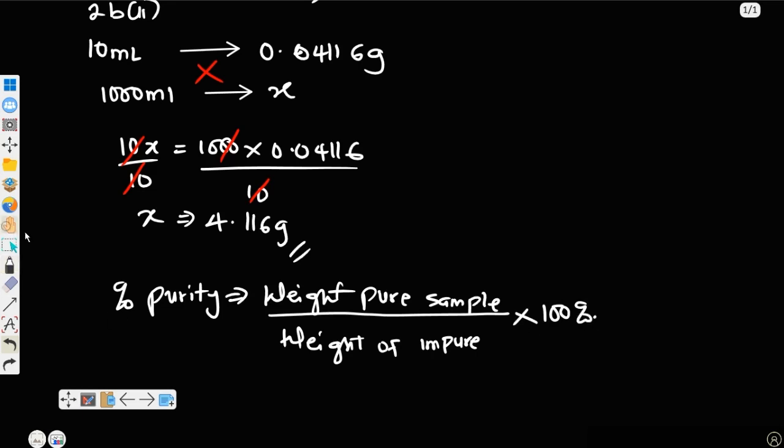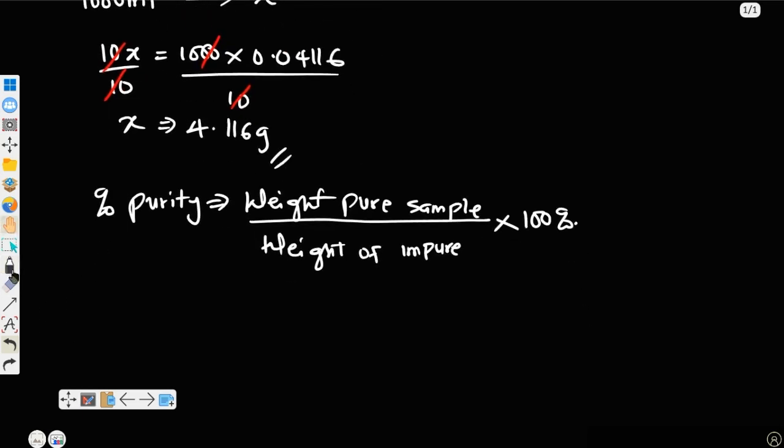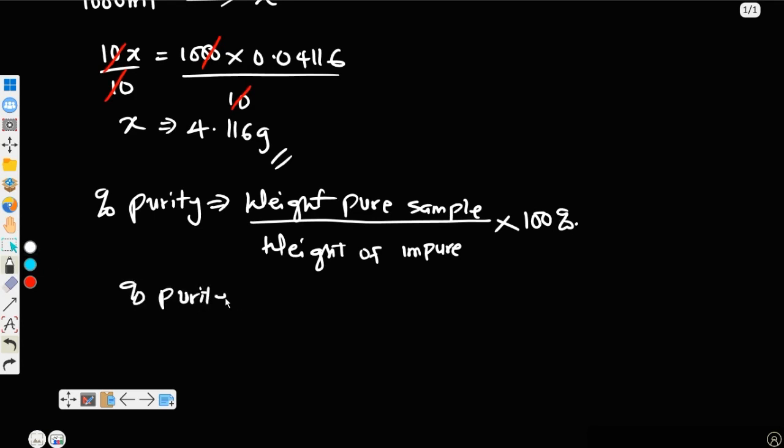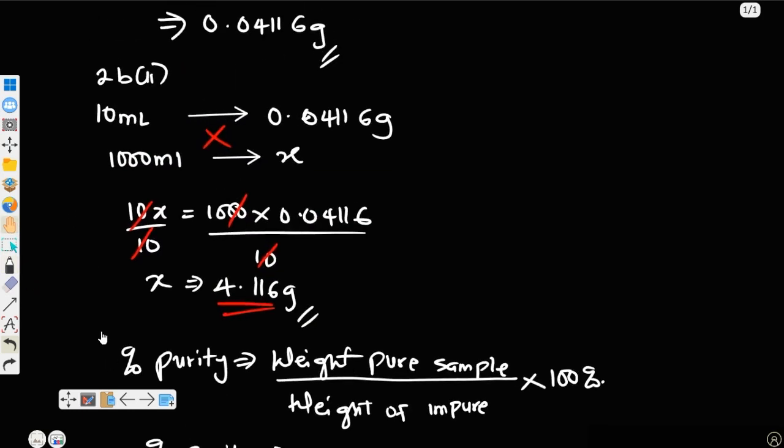Now, how much was actually there? The weight of the pure sample is the weight we got from our calculation here. In this case, the weight of pure sample is 4.116, because that is what is present in 1000 mil. The assay will tell you the exact amount that is present.